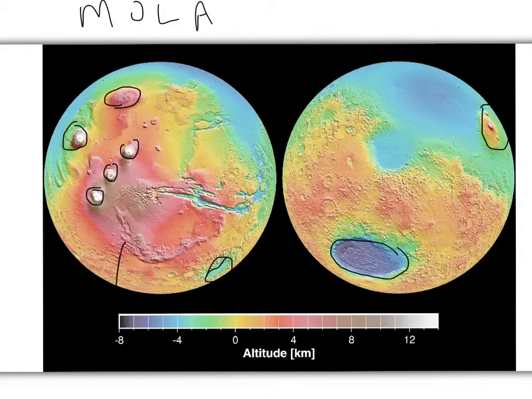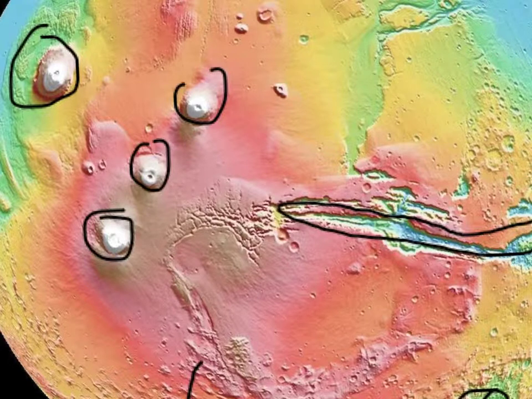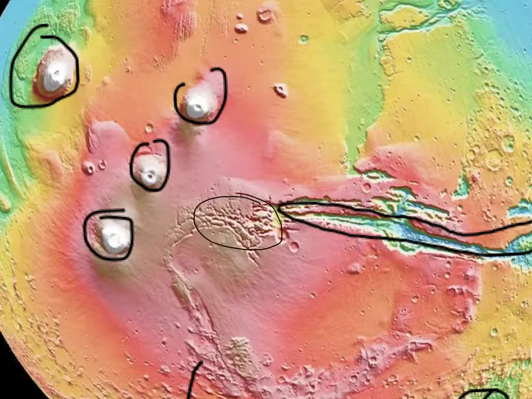You can clearly see the crack in the planet that is Valles Marineris. See all of this kind of chaotic, broken up area here. That's that chaotic terrain.